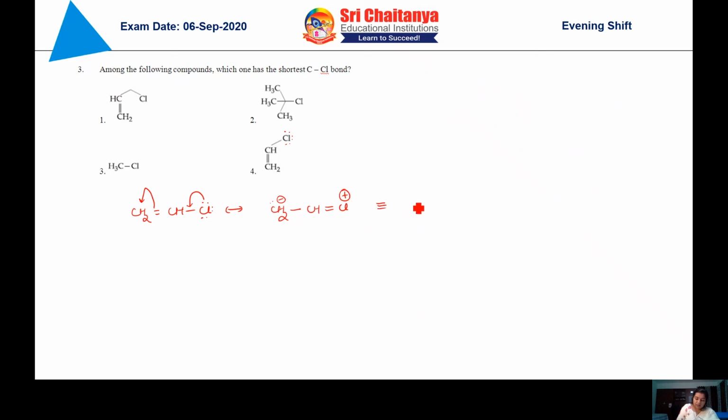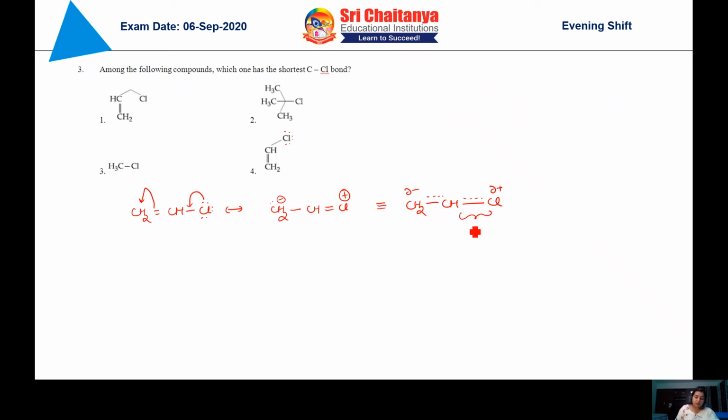As a result, there is double bond character in the carbon chlorine bond in the hybrid molecule. This double bond character will certainly reduce its bond length.